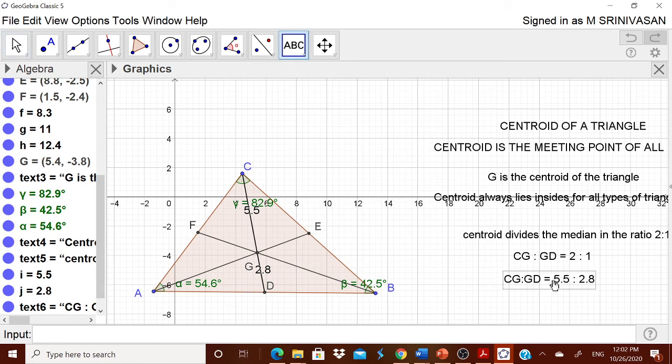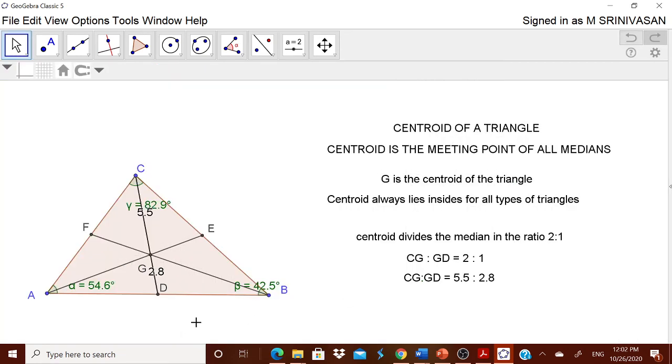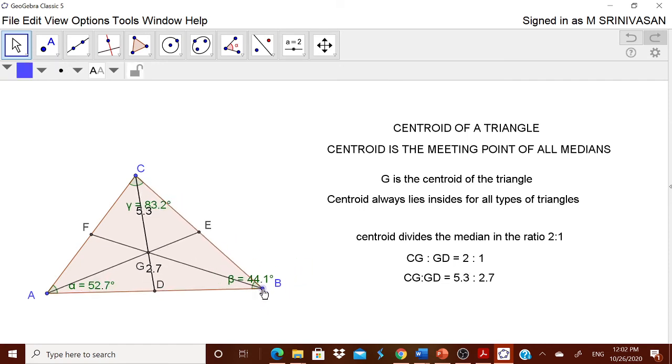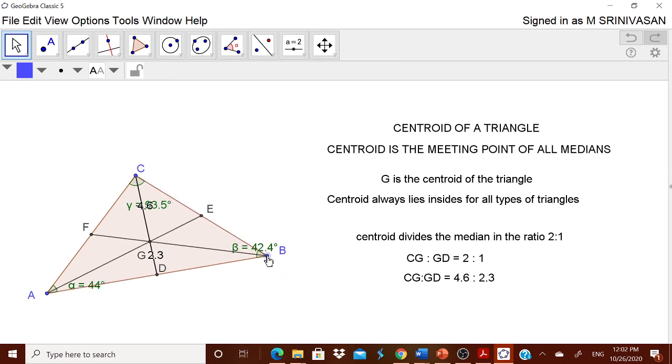Okay, now you see it is coming over here as 5.5, 2.8. But remember that you are getting it corrected to one decimal place. At one spot definitely it will be 2. Okay, now you see, this is 5.2, 4.9, 4.6 and 2.3. Exactly 2:1.